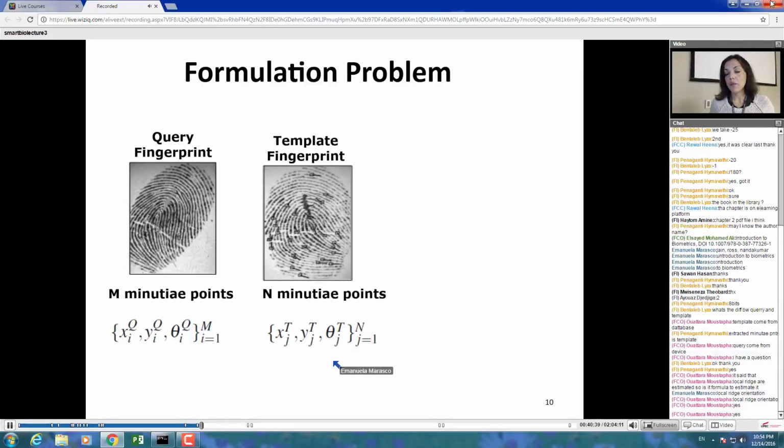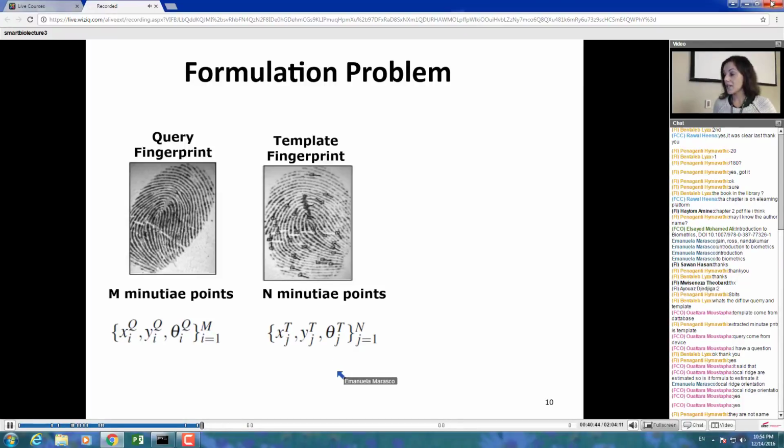Yes, they are not the same. Very good. We can have a missing minutia, even if the fingerprints belong to the same entity. There are some acquisition issues that, as we analyzed last time, may cause some differences in the minutiae information, and in the number as well.